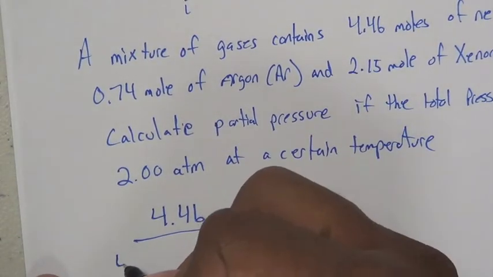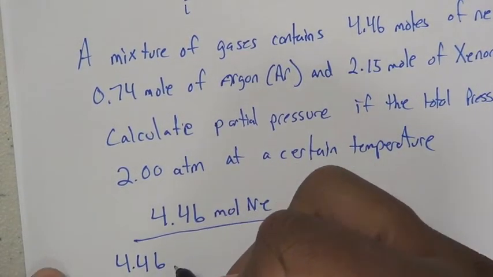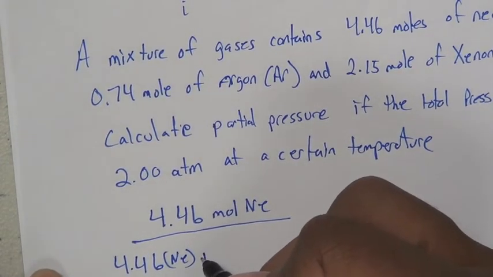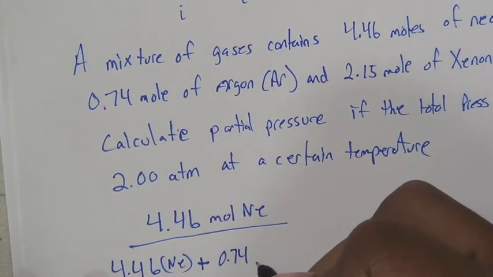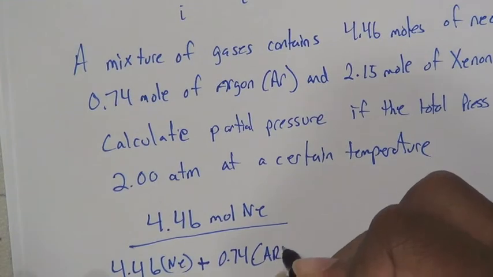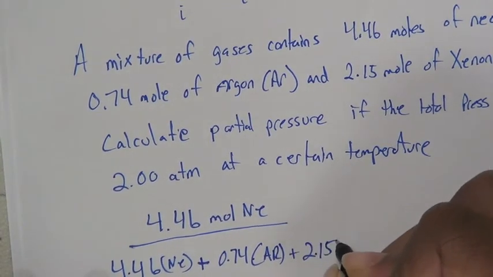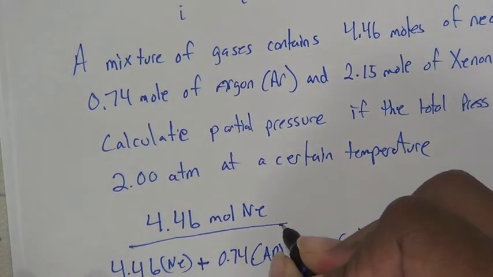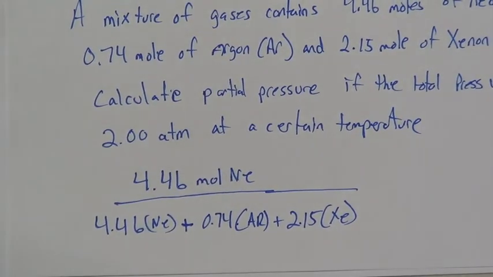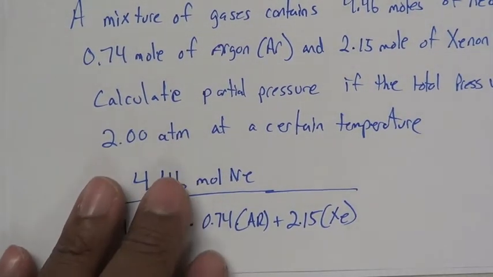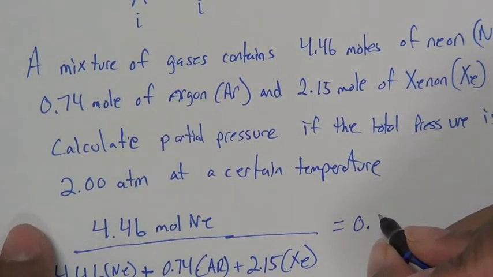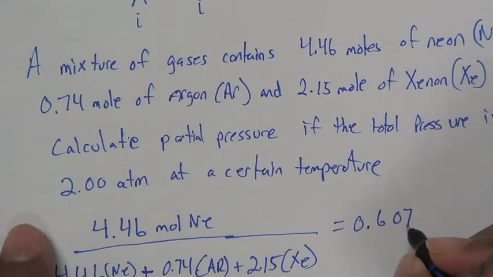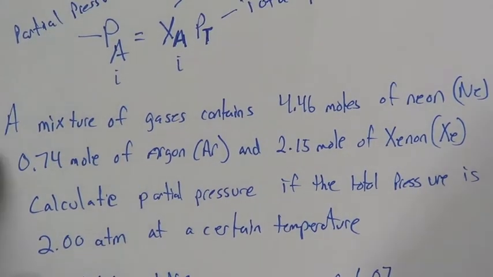So that'd be 4.46 mole, that's neon, plus 0.74 mole of argon, plus 2.15 of xenon. All right. So if we do the math for that, we'll come out with 0.607. That's the mole fraction for neon.